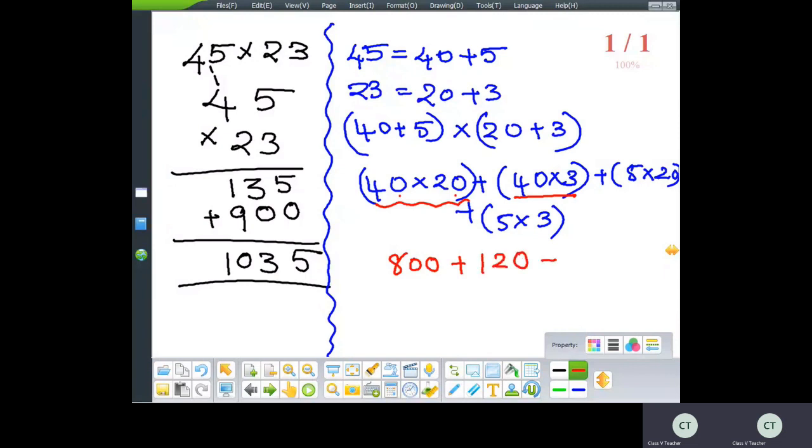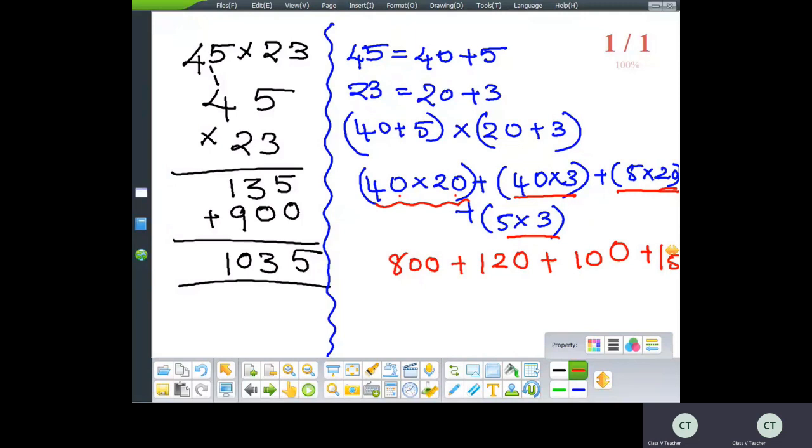So 120 plus 5 into 20. So 5 twos are 10, and 1 zero, 100. Then 5 threes are 15.